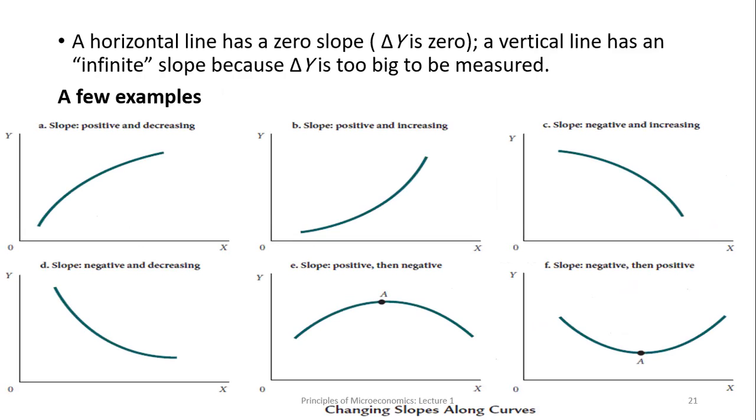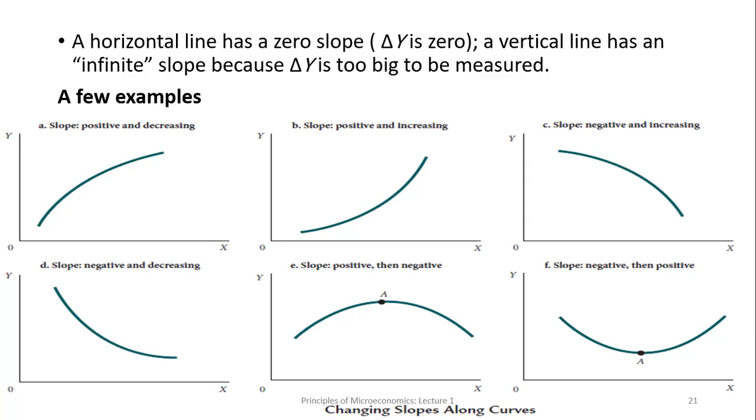For the first, we have a positive but decreasing slope. Then B, we have a positive but increasing slope. For C, we can see that the curve is falling from left to right, so it is a negative slope. Again, D is also a negative slope and the magnitude of the slope is decreasing. E shows that up till point A, the slope is positive, and then after point A, the slope is negative.